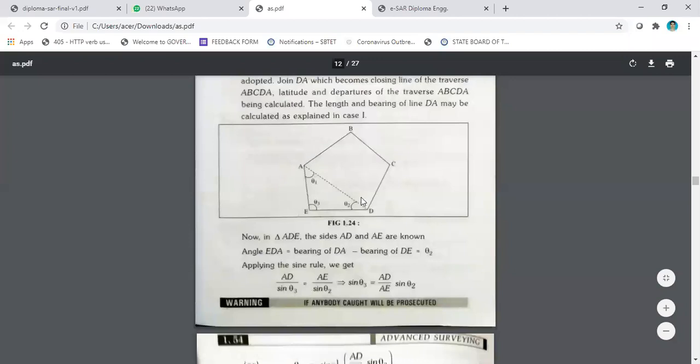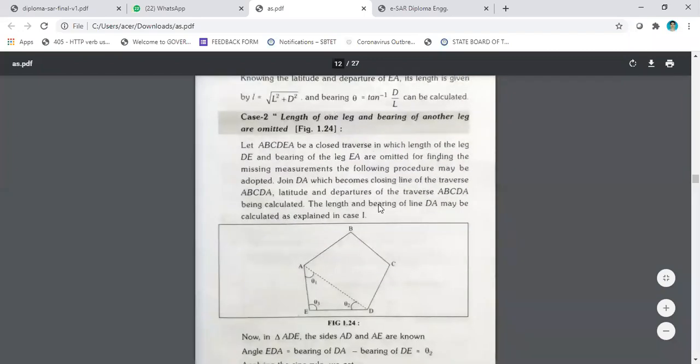By applying sigma latitude equal to 0 and sigma departure equal to 0, you can calculate the latitude and departure of the closing line DA, this dotted line, as well as the length and bearing of this missing line DA. As in the first case, you can calculate length and bearing of the missing line DA.